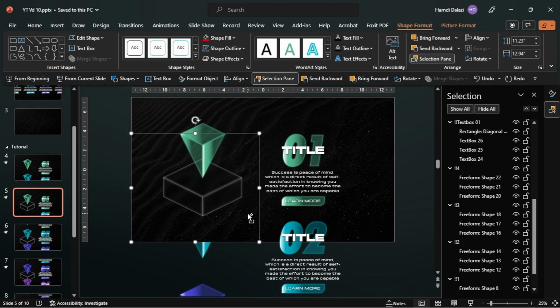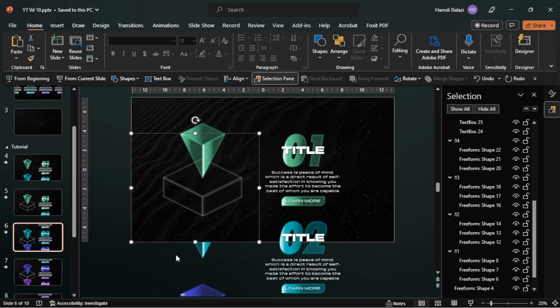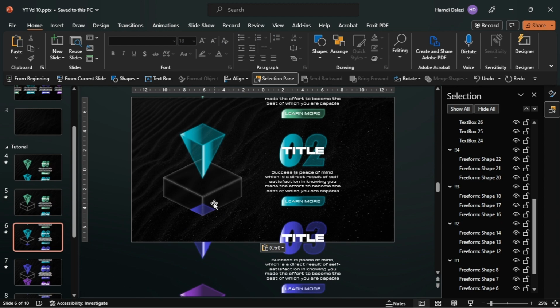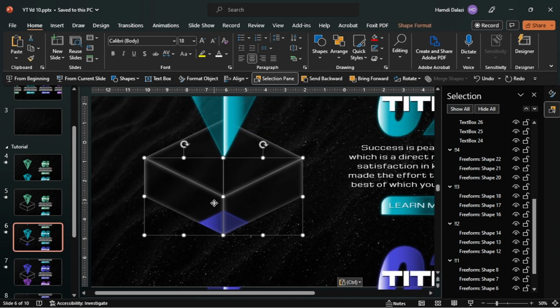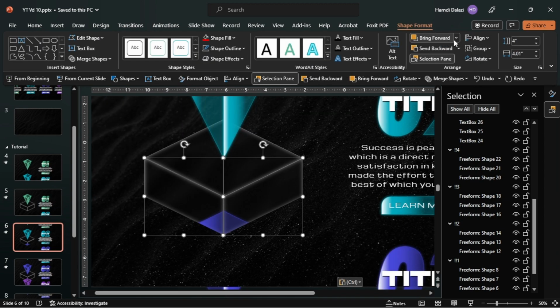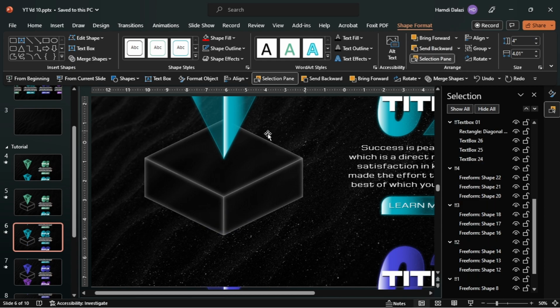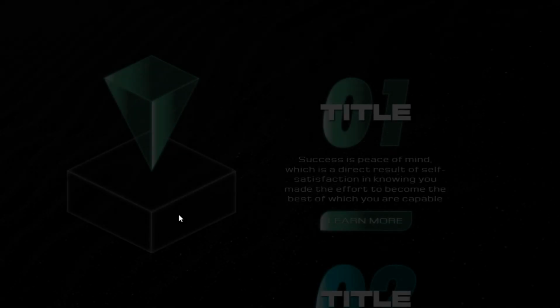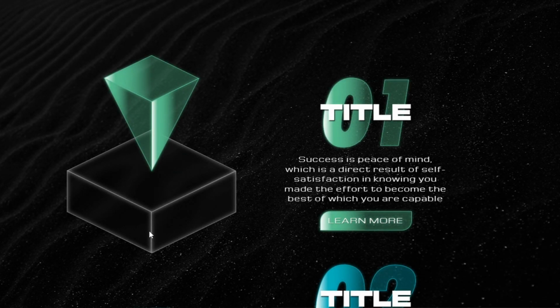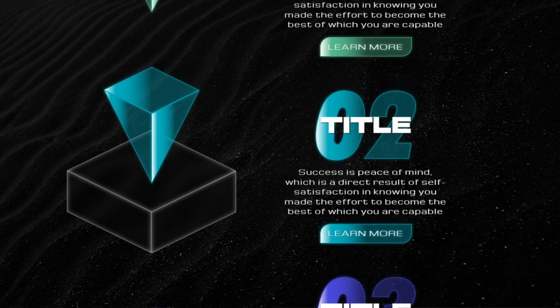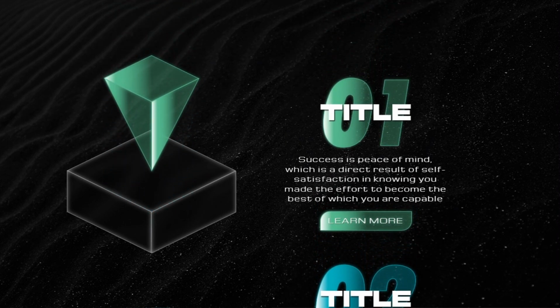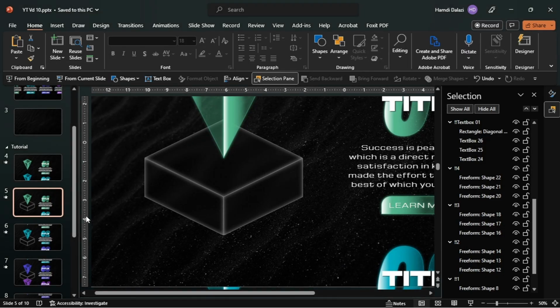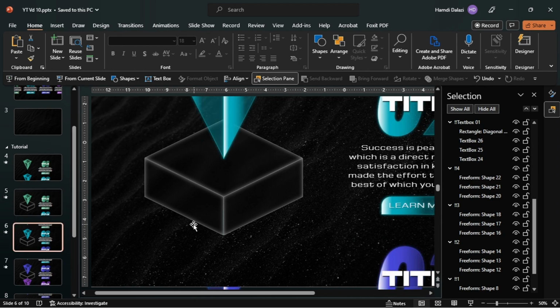So let's copy the object marks, paste. Let's bring this to the front. Send to the back. So let's check it out. As you can see, it's like it's coming from inside the bottom object. So just to create that illusion.